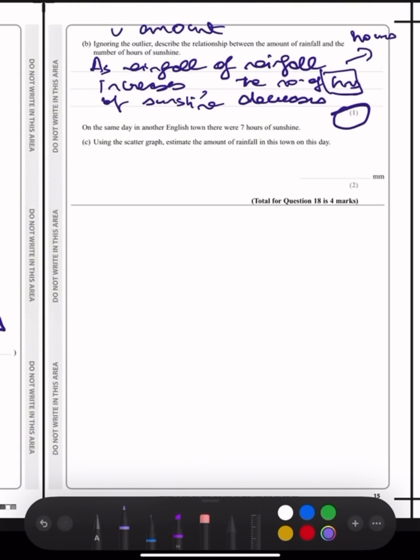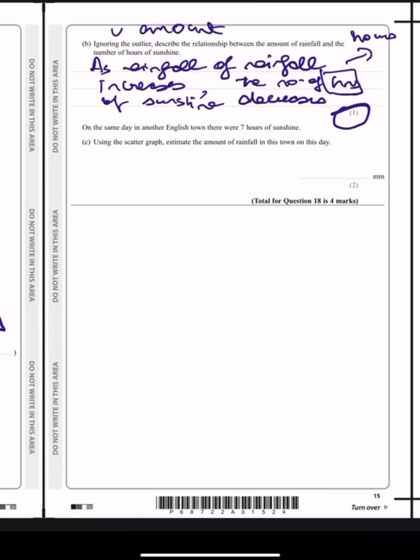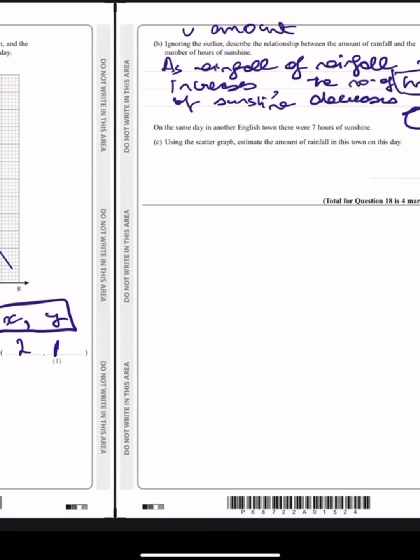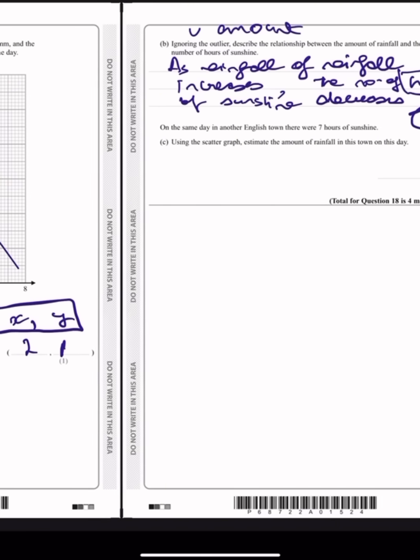Moving on to the next question, it says that on the same day in another English town there were 7 hours of sunshine. Using the scatter graph, estimate the amount of rainfall in this town on this day. So this is very similar to always looking back at your graph. Let's read again: on the same day, another English town had 7 hours of sunshine.